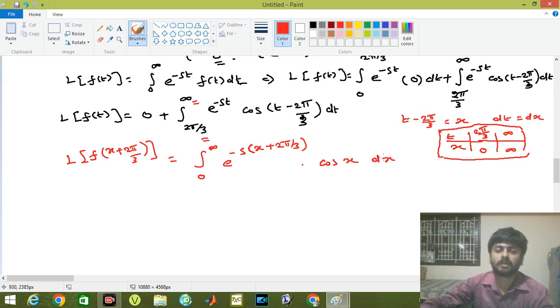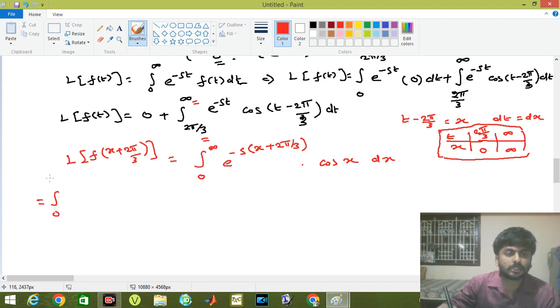Now I have to split the exponent into two parts, that is integral 0 to infinity e power of minus s into 2 pi by 3 into e power of minus sx into cos x dx.